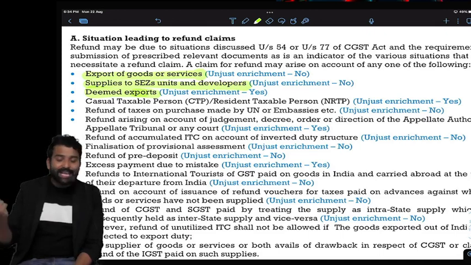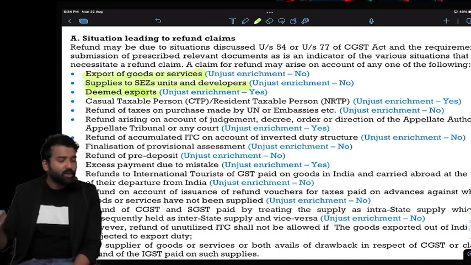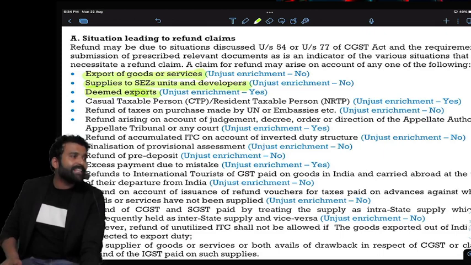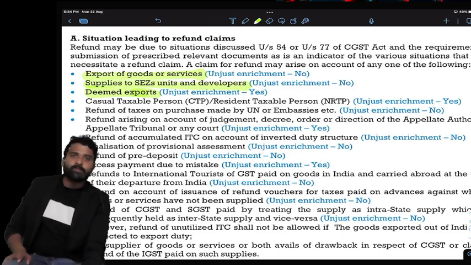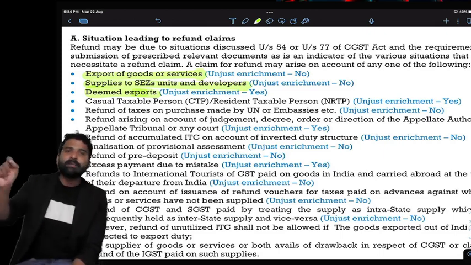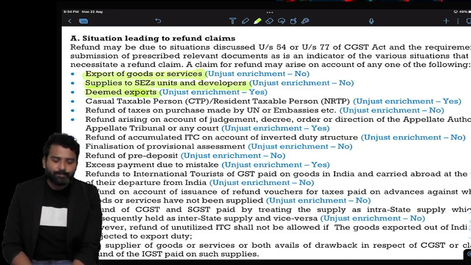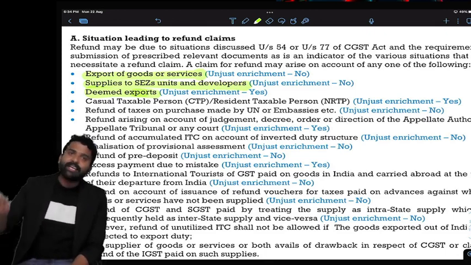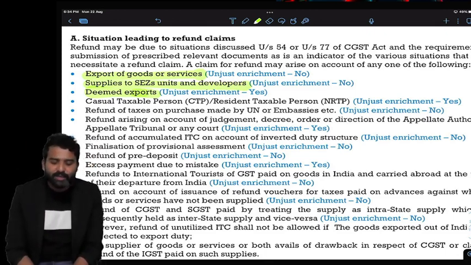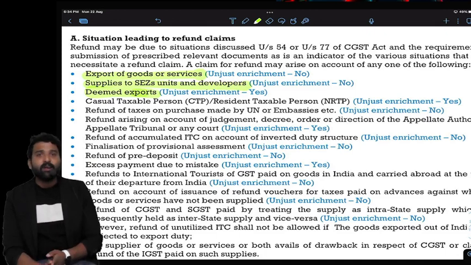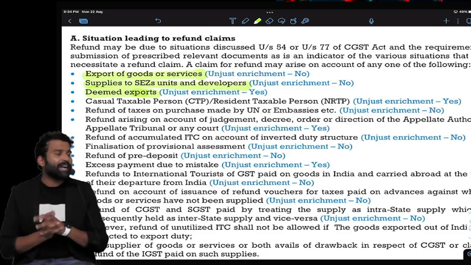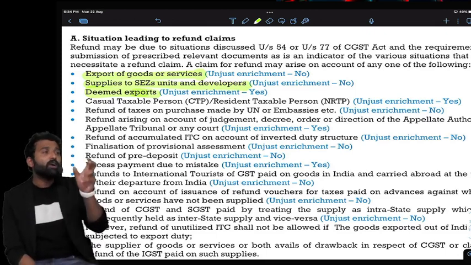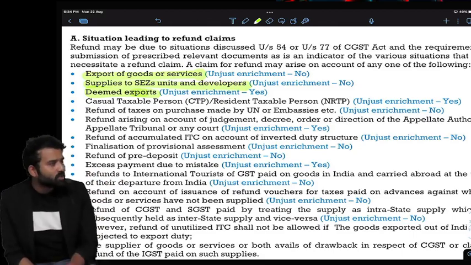UN agencies and foreign embassies have the option to claim the refund on the purchases, and for that they have to file GSTR 11. By filing GSTR 11, they can claim the refund on the purchases.